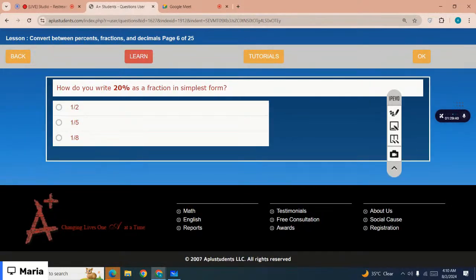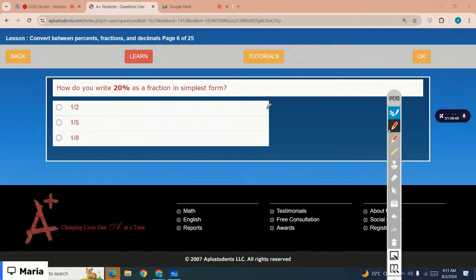Okay, how do you write 20% as a fraction in simplest form? So you have to write 20% as a fraction, but in simplest form, right? So 20% means 20 over 100, right? So you have to write the answer in simplest form, dividing by 20. So 20 times 1 is 20 and 20 times 5 is 100.